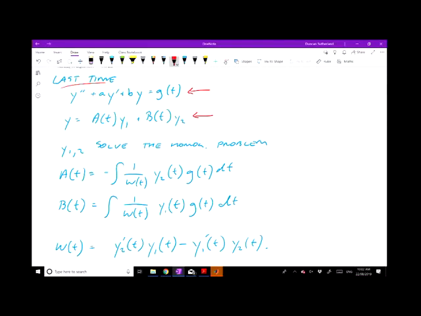So a is this awful integral thingy. We've got a W in there, which is called a Wronskian. B is the same thing with the other elementary function, and the sign changed.